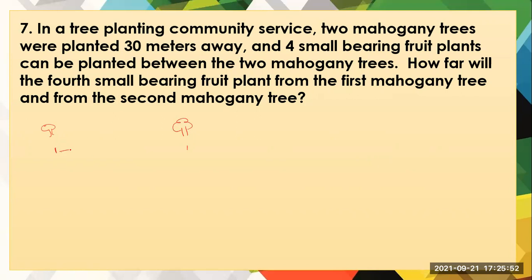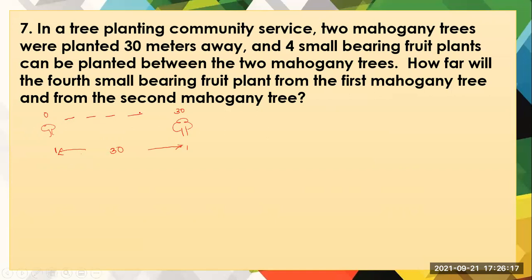So you start with 0 meters and this one is 30 meters. Now, you are to plant 4 small bearing fruits between them. So we have 1, 2, 3, 4.